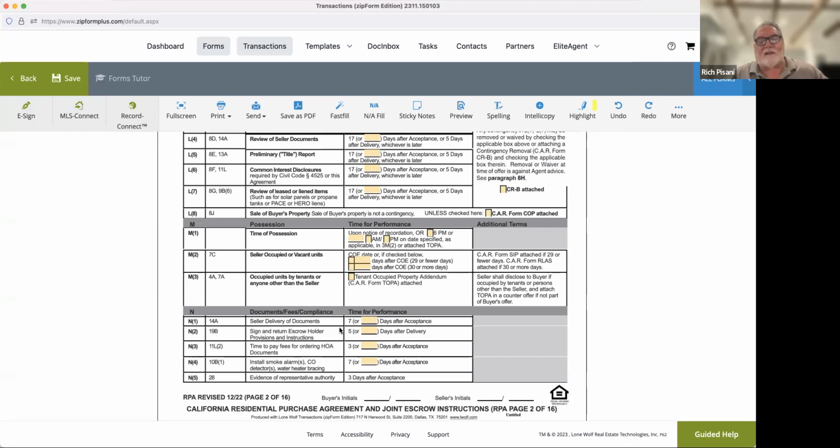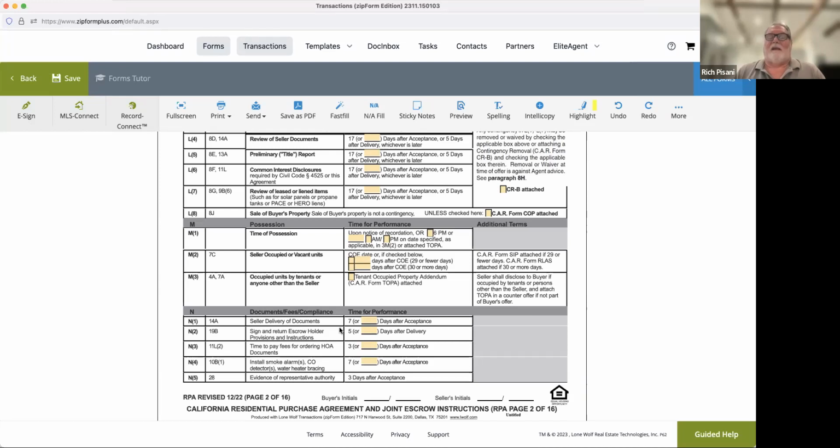Time to pay fees for ordering the HOA documents. The seller has 3 days to pay the fees. That's really important because we all know that HOAs take their time. And here's another important thing: install smoke alarms, CO detectors, and water bracing.